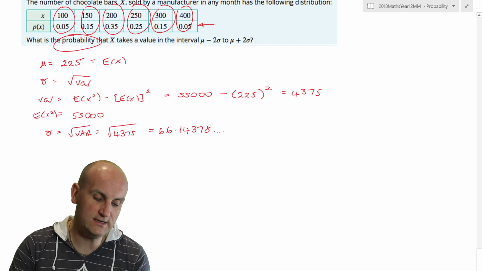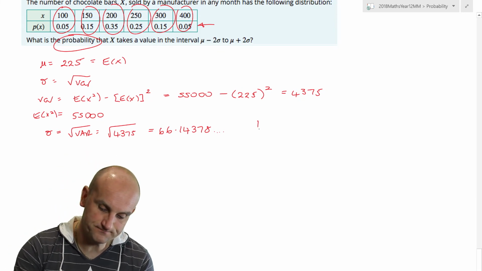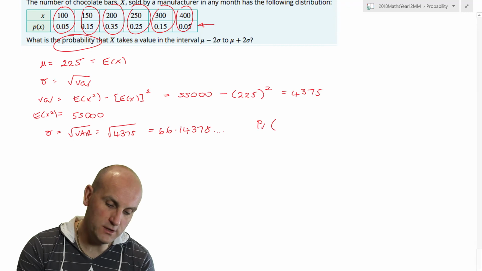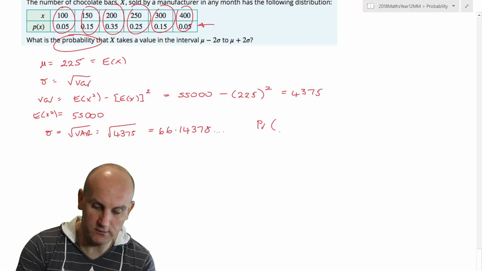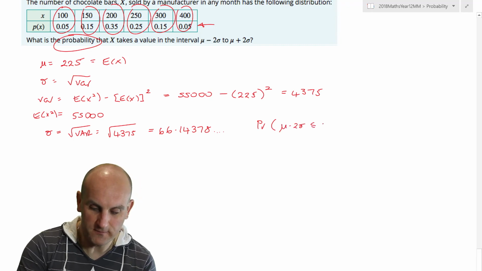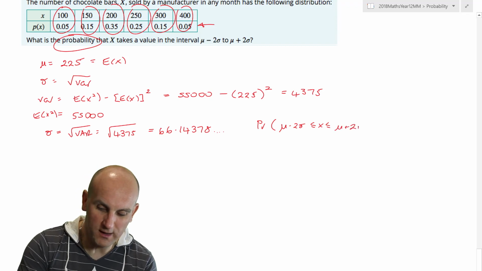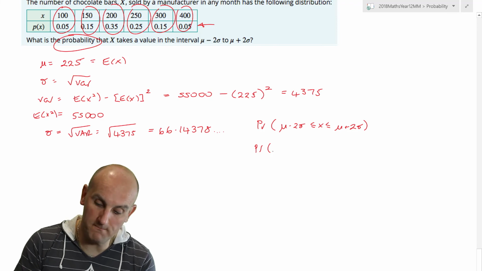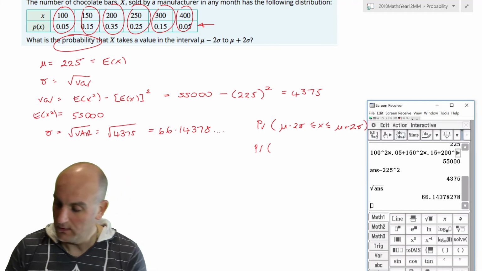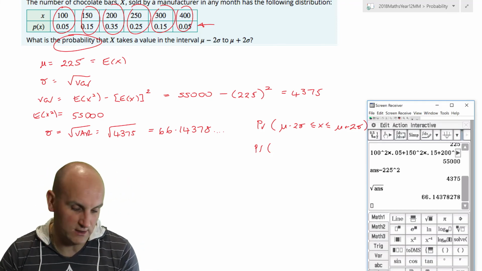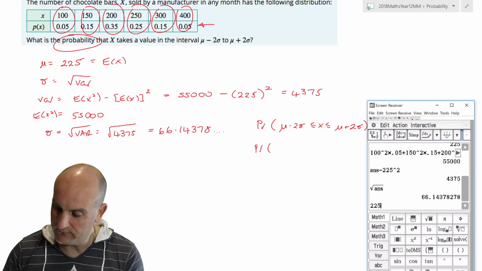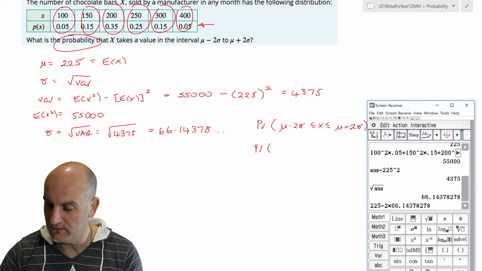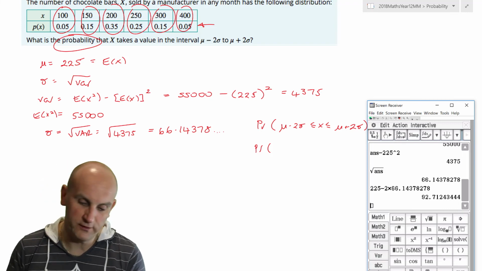So I now need to find my probabilities from mu minus 2 sigma to mu plus 2 sigma. And how do we do that? Well, we literally just do mu minus 2 sigma. So what is my value of mu? We said my value of mu was 225, minus 2 times, and I'm going to copy that previous value in and leave all those decimal points in.